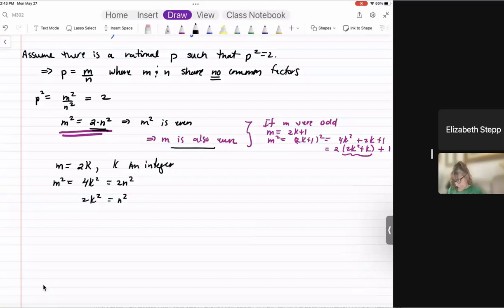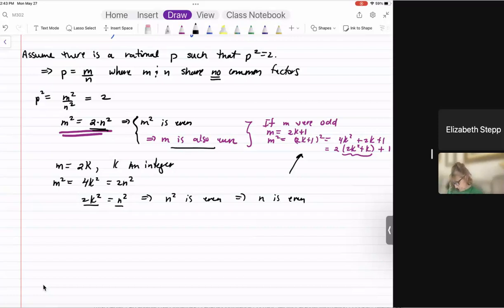Now, what does this mean? If k is an integer, k squared is an integer, so n squared is equal to 2 times an integer, and this means n squared is even. And as we saw up here, if n squared is even, this means n is even, because if it were odd, then n squared would be odd, as we showed up here.